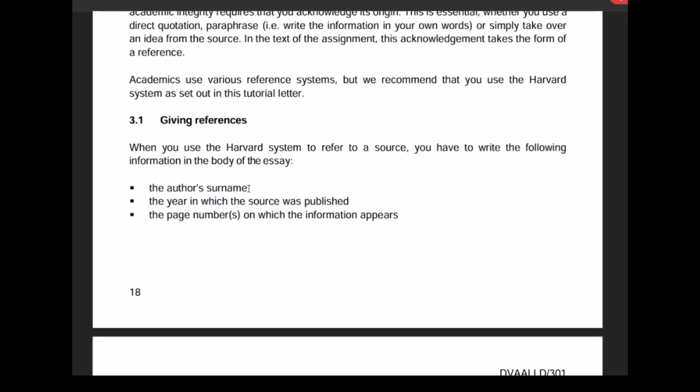We don't use the first names, okay? We use the last name, which is the author's surname. So you're going to use the author's surname, the year in which the source was published, right? And the page number or page numbers in which the information appears on that source, whether it's a journal or a book. So no first names, okay? Am I making sense?